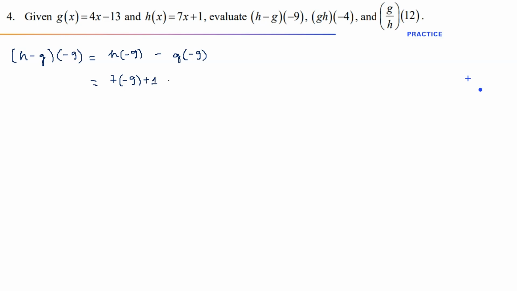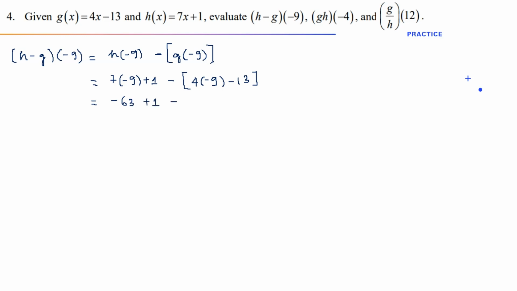And then we subtract. Remember, whenever you subtract the g of x, make sure you put it in the bracket so that you don't forget to distribute the negative in front of it. Okay, so the big bracket, g of x is 4 times negative 9 minus 13. 7 times negative 9 is negative 63 plus 1.